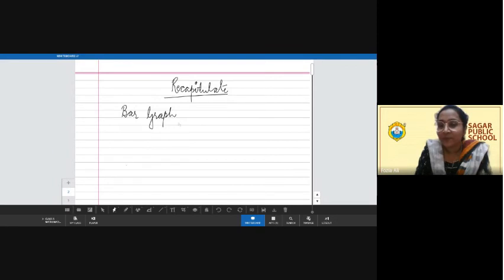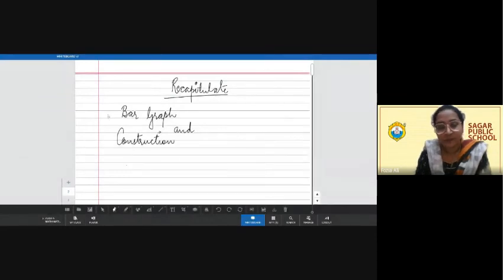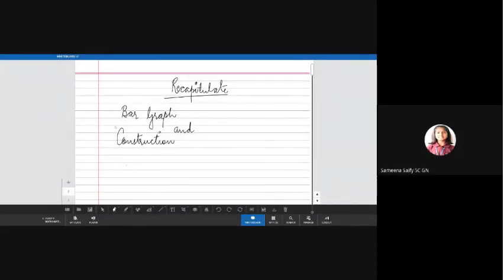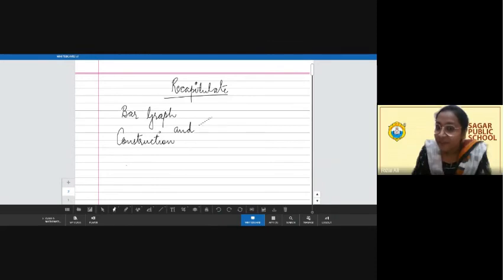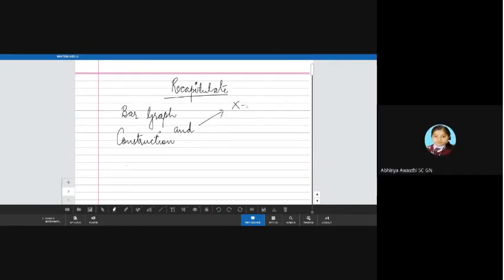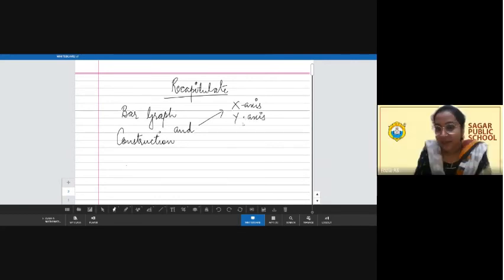What else? We have discussed its construction. Okay, bar graph and its constructions. What else did we discuss in today's class? What do you come to know? I want from you people. I'm going to add those points. X-axis and y-axis, yes. We also discussed about scale. Okay. What else?